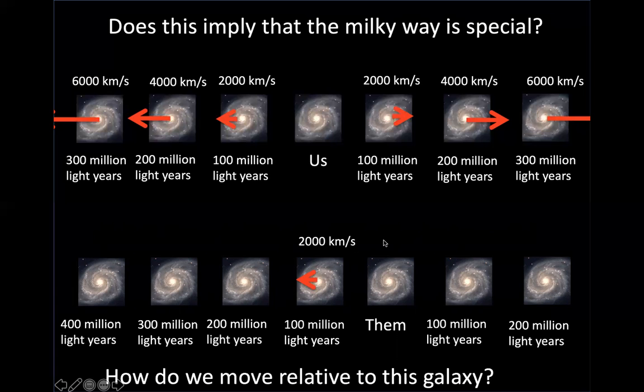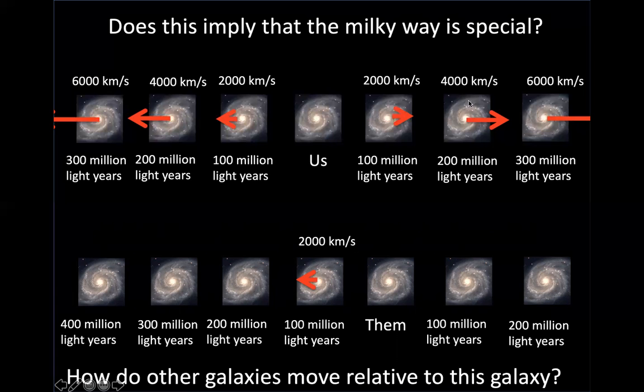But we can also consider other galaxies, like say this galaxy here. This galaxy is moving 4,000 kilometers per second to the right, whereas this one's only moving 2,000 kilometers per second to the right. This galaxy, from these guys' perspective, is therefore still moving to the right because it's moving faster than this one is, but it's not moving as quickly. In fact, it's just the difference between these two speeds, and you end up getting 2,000 kilometers per second this way.